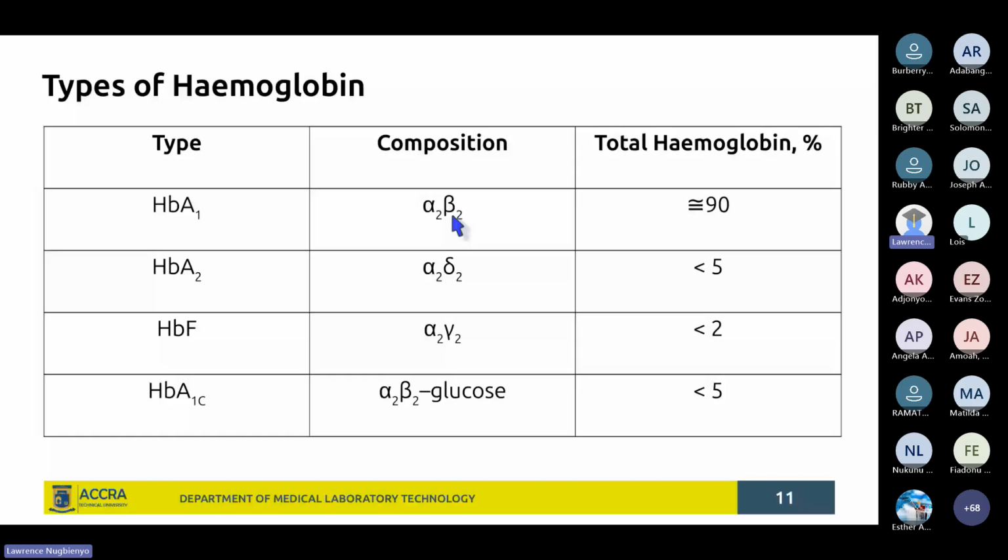You have also HbA2, which has 2 alpha globins, 2 delta globins.